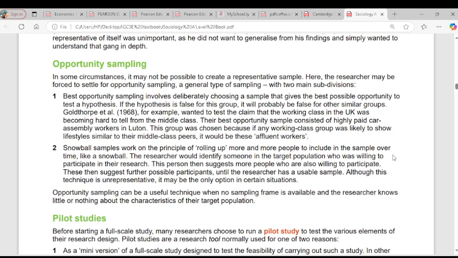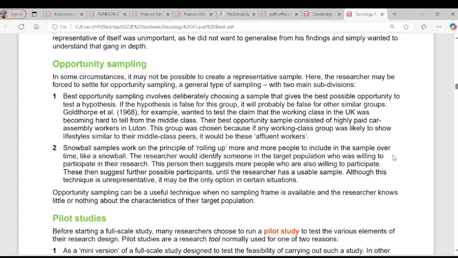Then the next one is opportunity sampling. For opportunity sampling, we have two situations: the best opportunity and the snowball. For best opportunity, the researcher finds a situation that makes him or her choose certain individuals that give a suitable answer for the hypothesis. Look at what I wrote. This involves deliberately choosing the sample that gives the best opportunity to test the hypothesis.